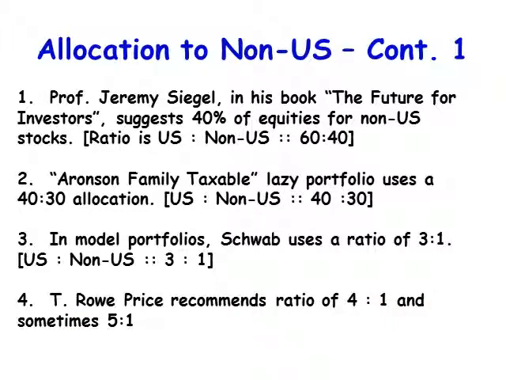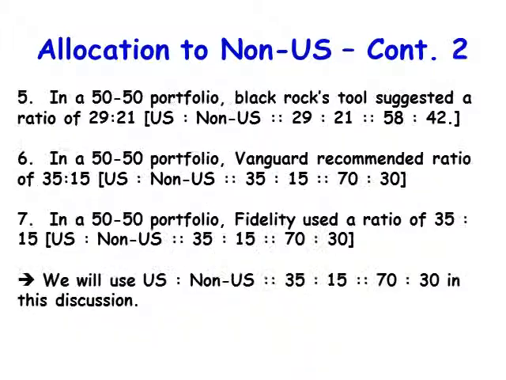Okay, let's continue from here. In a 50-50 portfolio, BlackRock's tool suggested a ratio of 29 to 21, which is the US non-US of 29 to 21, which is 58 to 42. That's 58% to US stocks and 42% to non-US stocks. And it kept changing. That's the number it gave one day, and it might give you different numbers on another day.